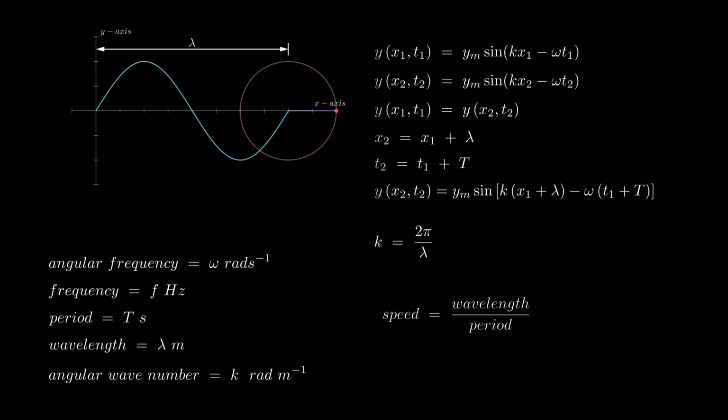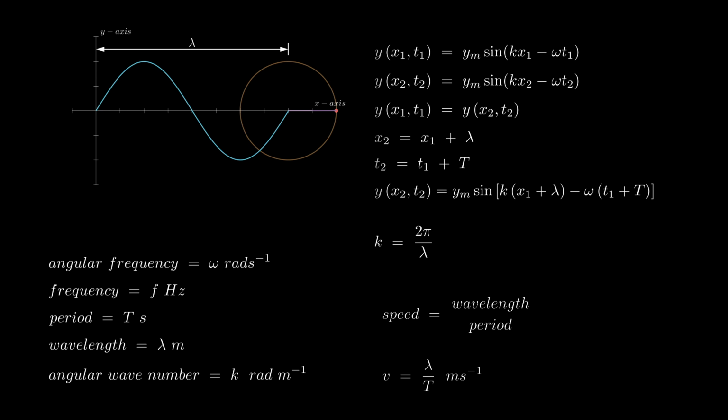In physics, speed is defined as the rate of change of distance with respect to time. When applied to wave motion, the speed of the wave is determined by the ratio of the distance it travels, wavelength, to the time taken to cover that distance, period. This ratio quantifies how rapidly the wave propagates through the medium.